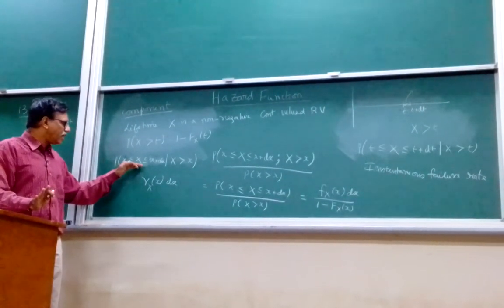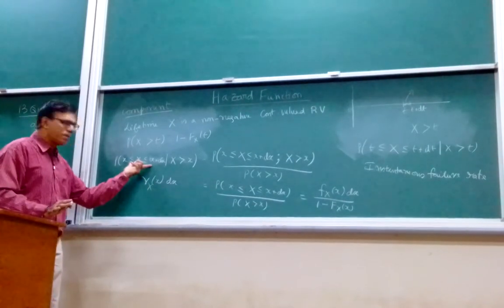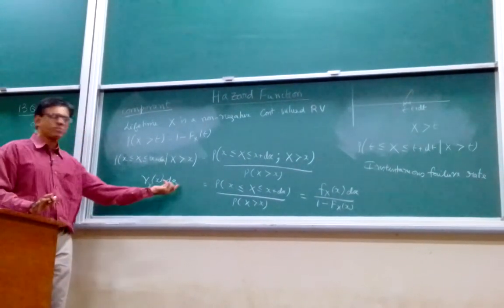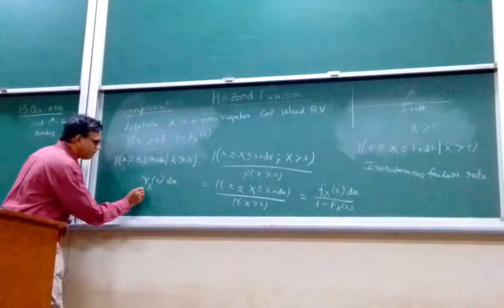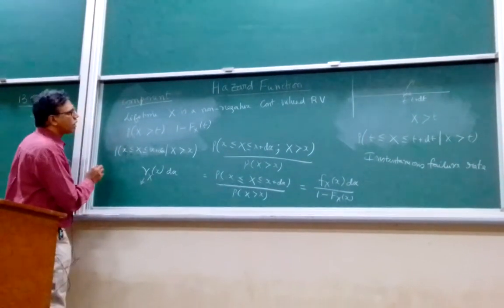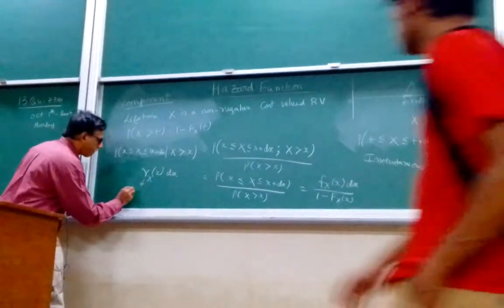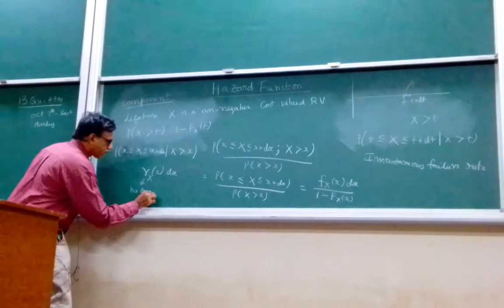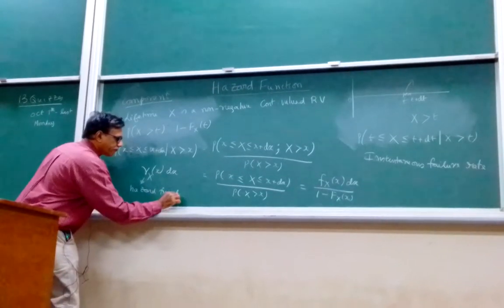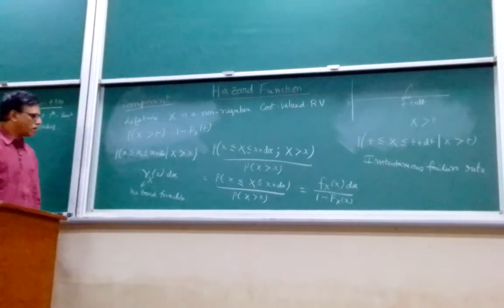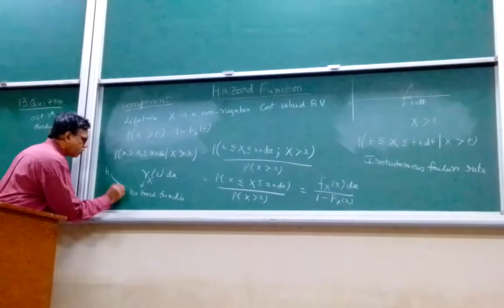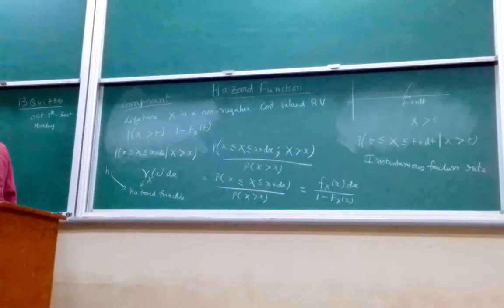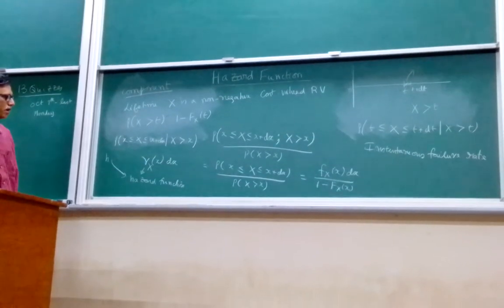So this probability can be written as a density times dx. This density we will call the hazard function. Sometimes R is used, sometimes H is used, because H stands for hazard. It's a shorthand symbol for hazard.